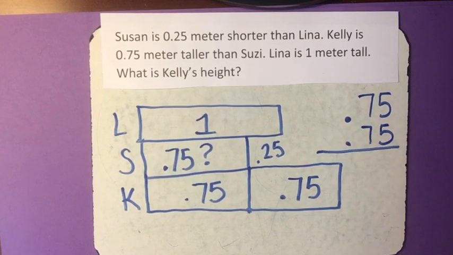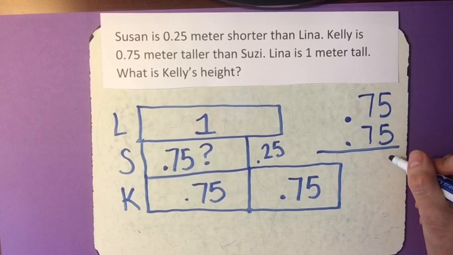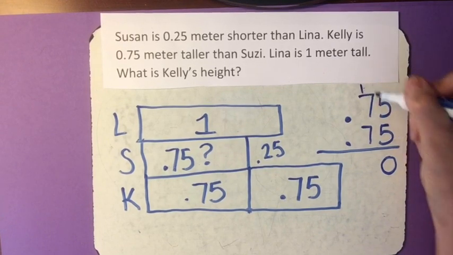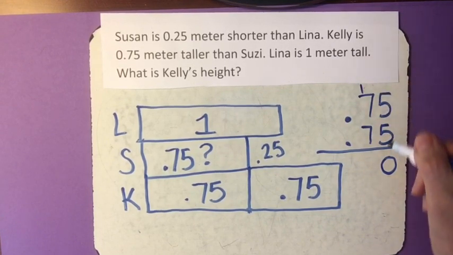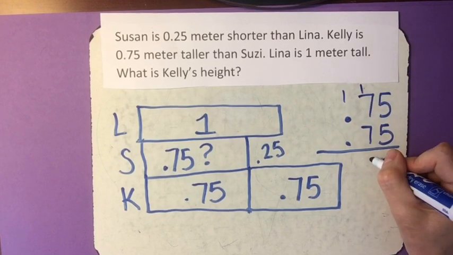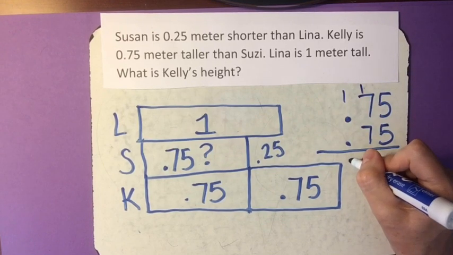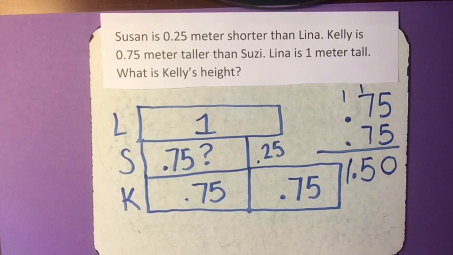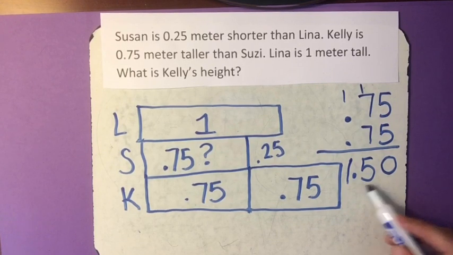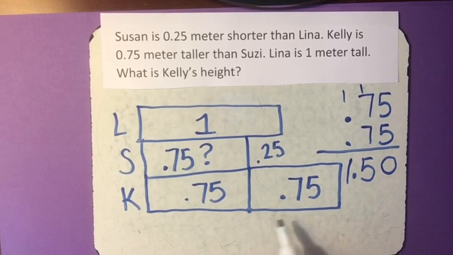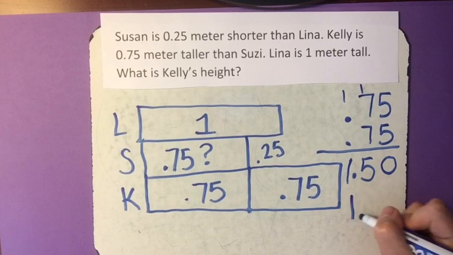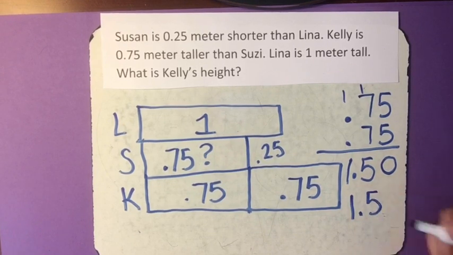And what I get is 1 and 50 hundredths of a meter. That's how tall she is. I could also say 1 and 5/10 of a meter. It would be the same thing.